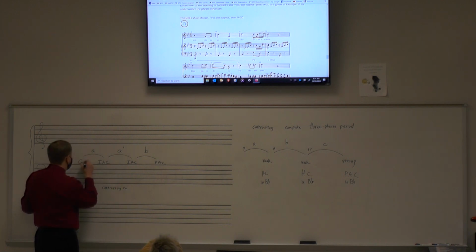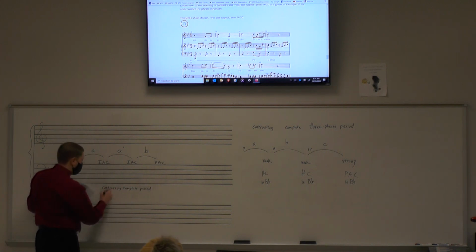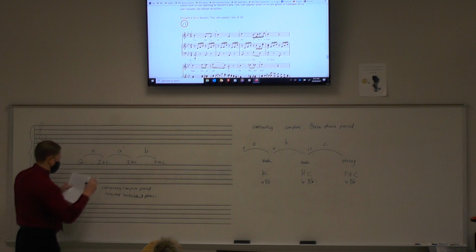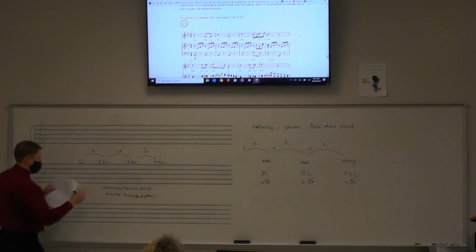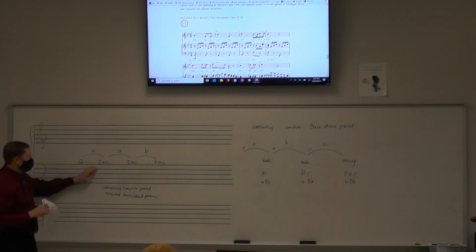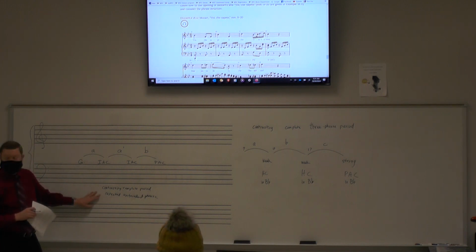Let's just say this is all in the key of G. Contrasting complete period with a repeated antecedent or question phrase. And if you were given a graph like this, and you labeled this as your final answer, it would be correct. I would certainly give you credit for that.